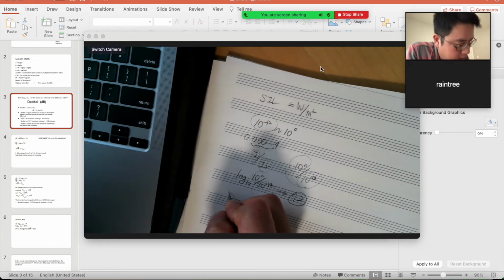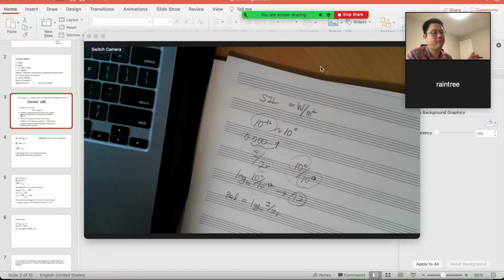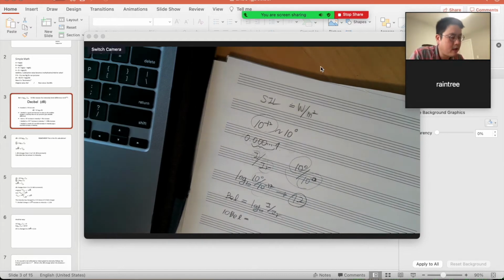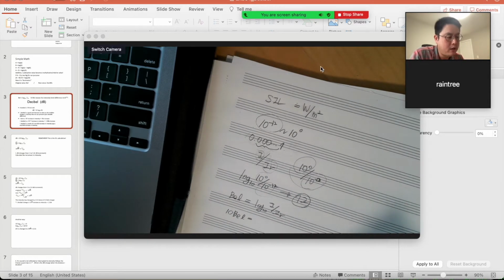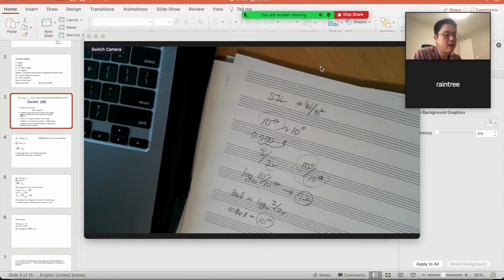So the bell is log 10 of I over IR. Which means 10 bells means that our sound intensity level is 10 to the 10th larger than the reference sound intensity level.